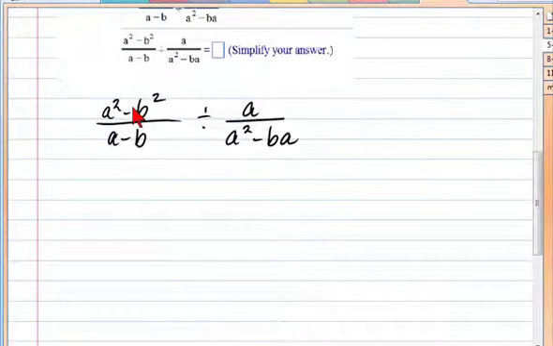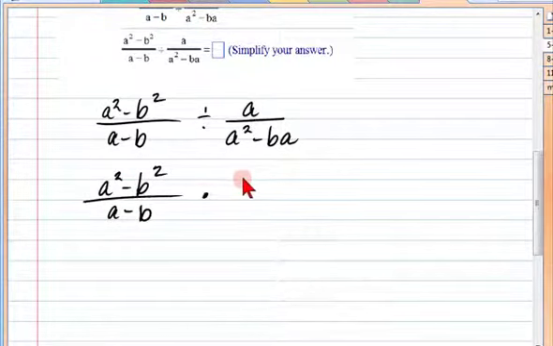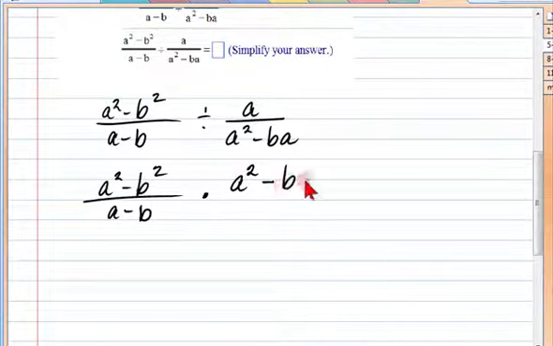All right, first thing I need to do is keep change flip. Keep the first one, a squared minus b squared over a minus b, change to multiplication. Invert the second fraction, a squared minus ba over a.